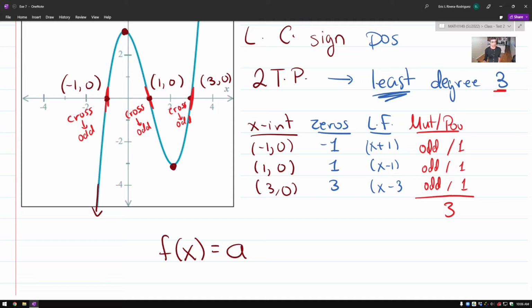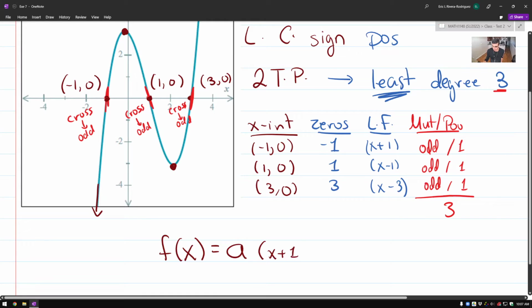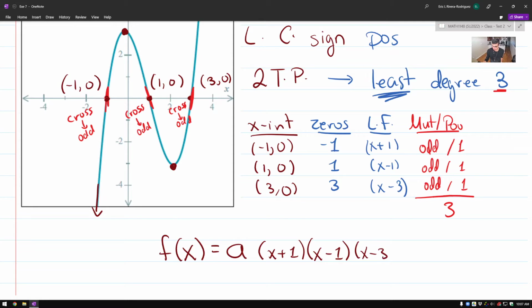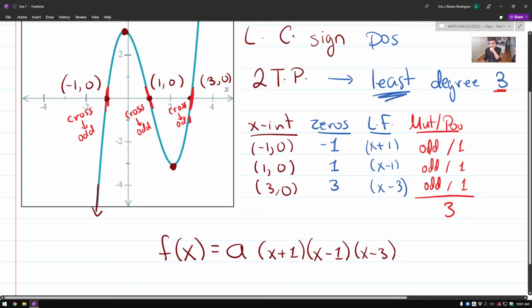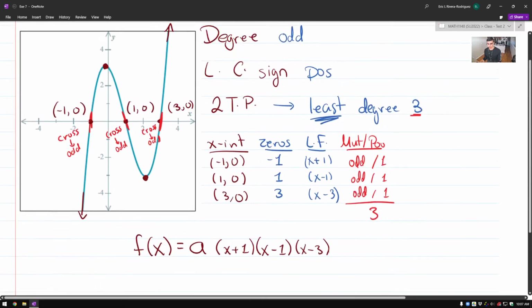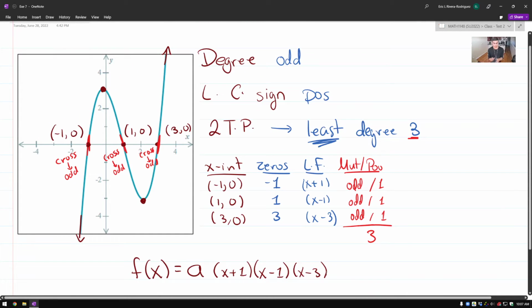We know that it's positive, so a, then x plus 1, whose power is just 1, so we don't need to write it here, then x minus 1 and x minus 3. Any questions so far here?